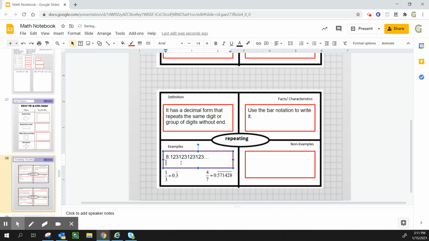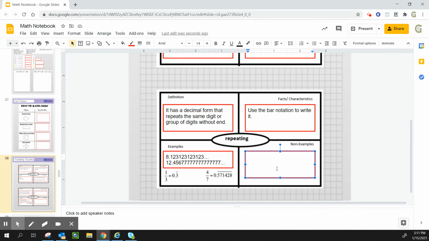And also, repeating decimals don't have to start repeating right away. So it could go like 12.456, and then 7777777777777. As long as at the end it ends up repeating, it's a repeating decimal.